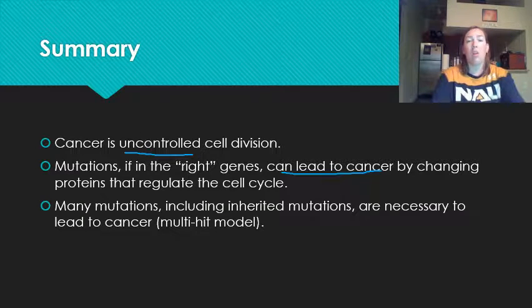And then also, cancer is the result of many, many mutations, the multi-hit model. And these include inherited mutations. I didn't talk about childhood cancers because it makes me sad. But what that is, if a child inherits many mutations from their parents, then they require fewer additional accumulated mutations, fewer hits, to develop cancer.